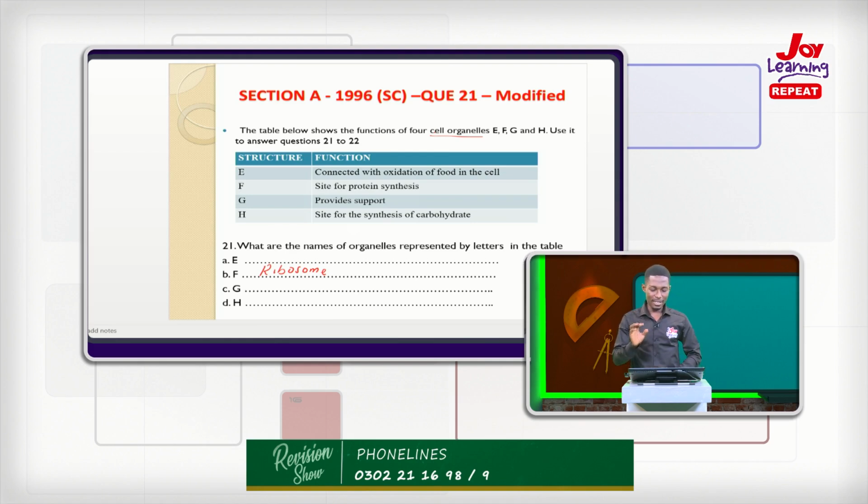So remember, an organelle is supposed to be found in a cell. E, F, G, and H. Use it to answer questions 21 to 22. So your job, I modified it. E is what organelle, F is what, and somebody has helped us get the ribosome. G and H. Chum. Hello, Chum.